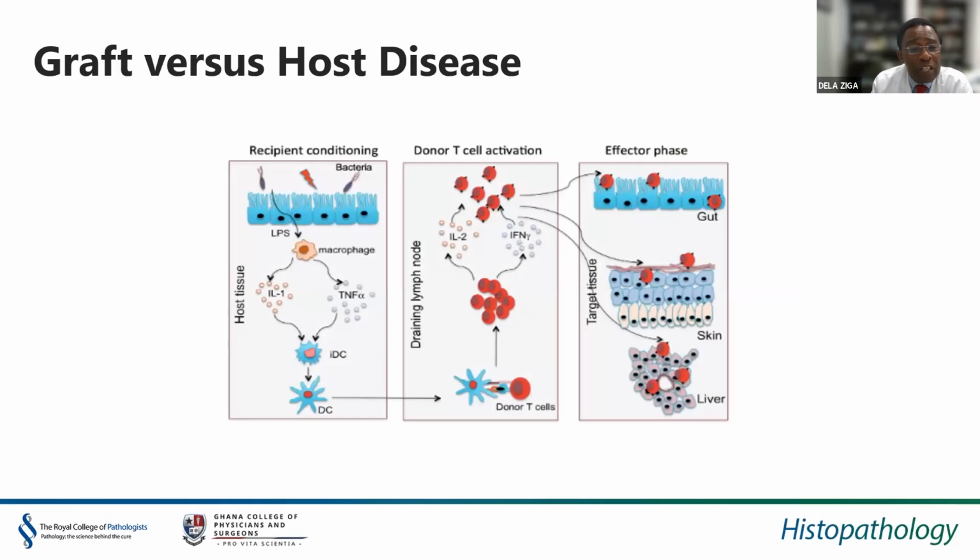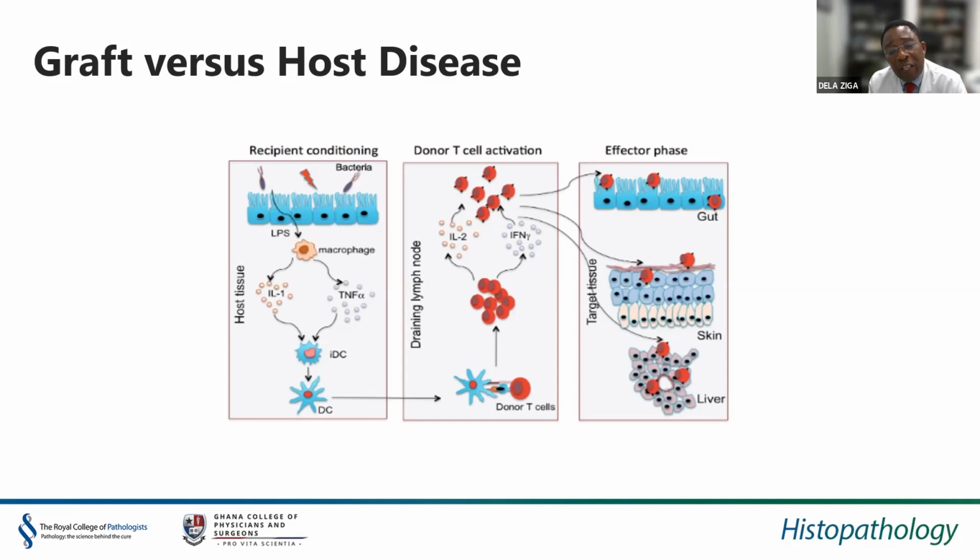They lead to destruction, as you can see in this schema. On the left, after conditioning, the breakdown of the lining of the gut releases LPS and other antigenic molecules. They are encountered by the macrophage that presents them to the lymphocytes in the context of the major histocompatibility complex.